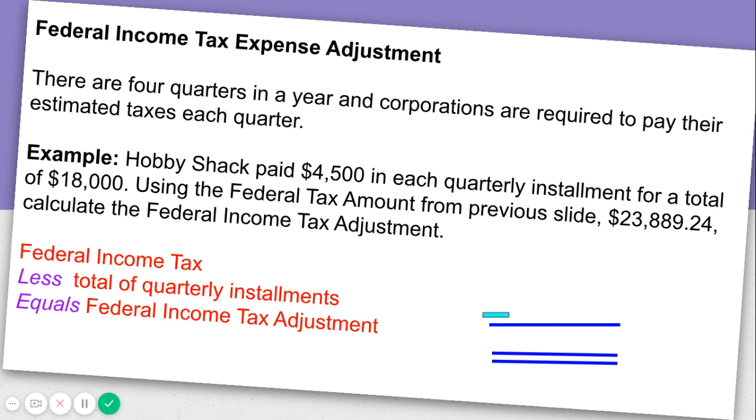Using the federal tax amount from the previous slide of $23,000, calculate the federal income tax adjustment. So, you would take our federal income tax of $23,000 less the total of quarterly installments, which would be $18,000, which then will equal our federal income tax adjustment, $5,889.